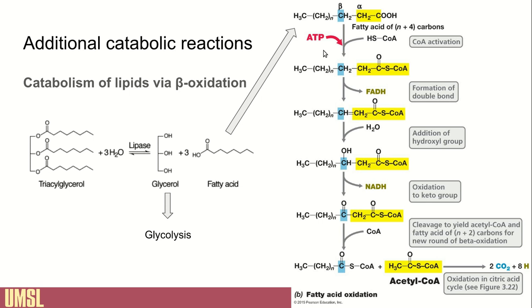So beta oxidation, what it does is this initial reaction, this CoA activation reaction, uses free coenzyme A and input of ATP to ligate CoA onto this fatty acid. Now this fatty acid is now a fatty acid CoA, and now we can begin the process of beta oxidation.